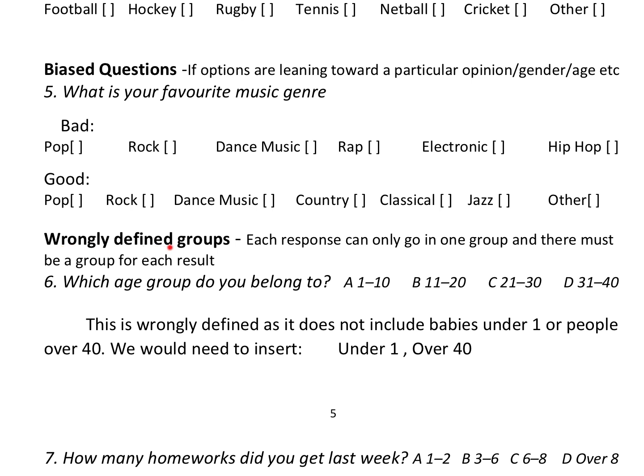Wrongly defined groups. Each response can only go in one group, and there must be a group for each result. So number 6, we have, which age group do you belong to? 1 to 10, 11 to 20, 21 to 30, 31 to 40. What's wrong with that? Well, this is wrongly defined as it does not include babies under 1 or people over 40.